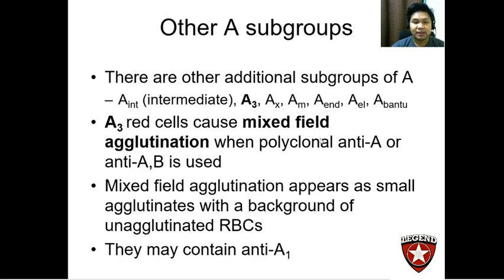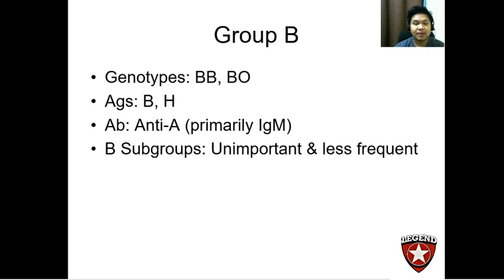Okay, we will not be discussing these individual subgroups in this discussion. For group B, the genotype would either be homozygous for B or heterozygous. The antigens present could be B or H, and the antibody produced is anti-A, which is also primarily IgM. The B subgroups are unimportant and less frequent. So again, they're out of the scope of this discussion.